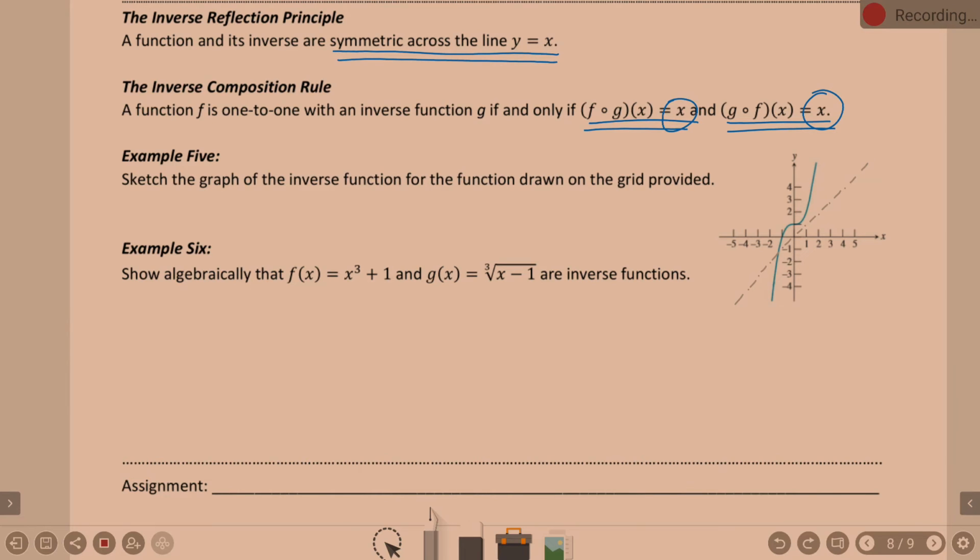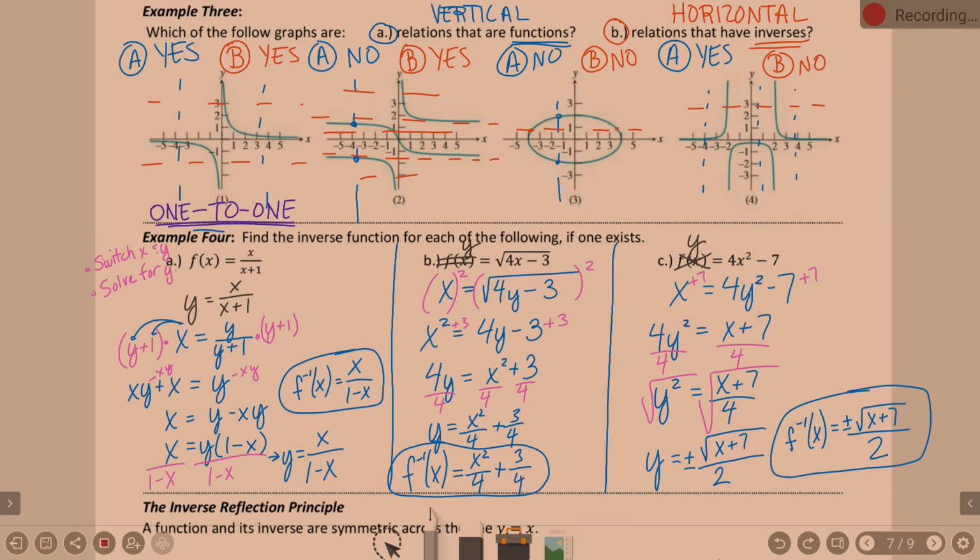Now, when we were finding our inverse functions, back in the previous section, what was our step 1 in finding our inverse function? We were switching our x's and y's, right? That can be done in ordered pairs as well.